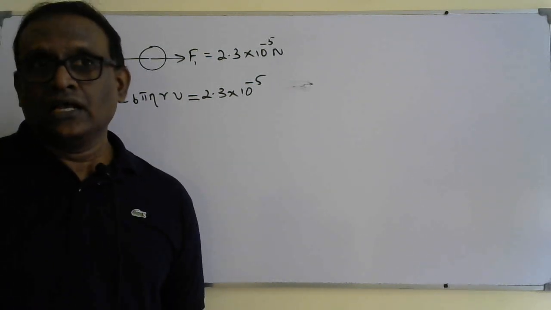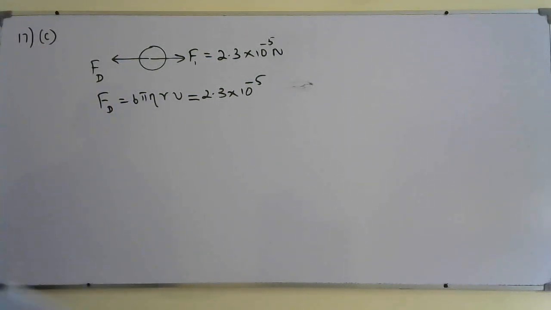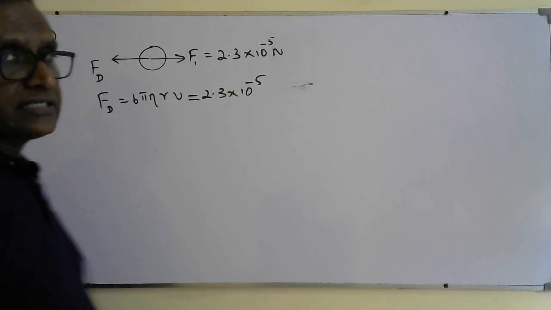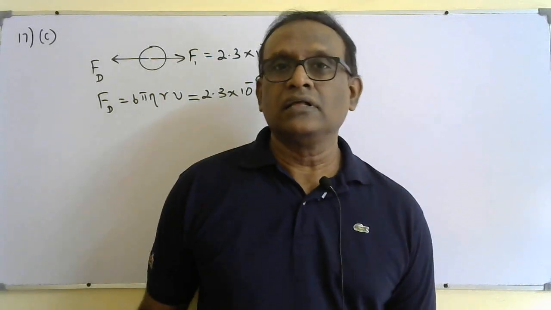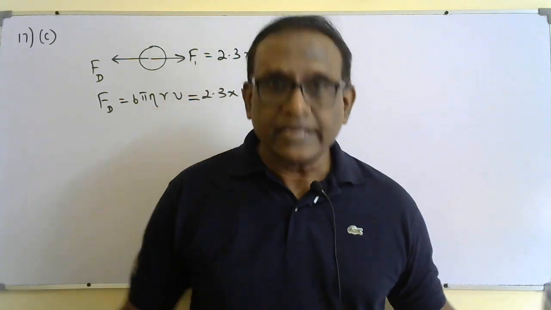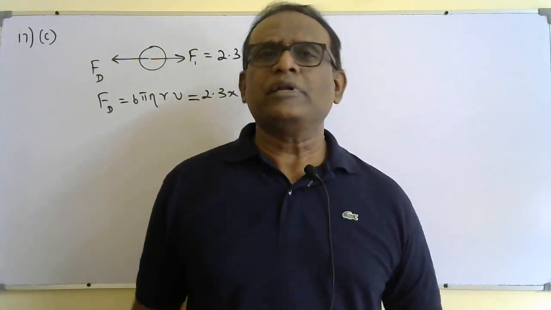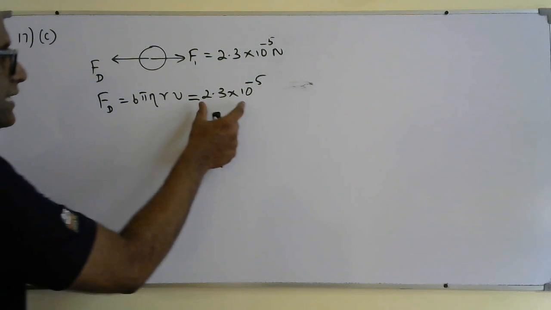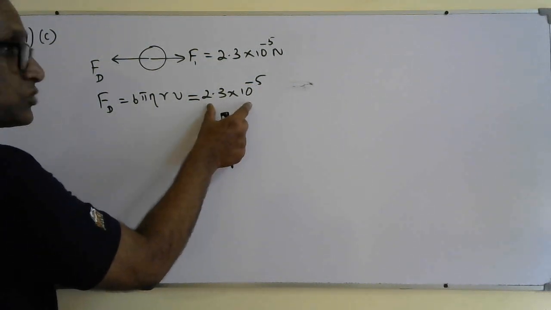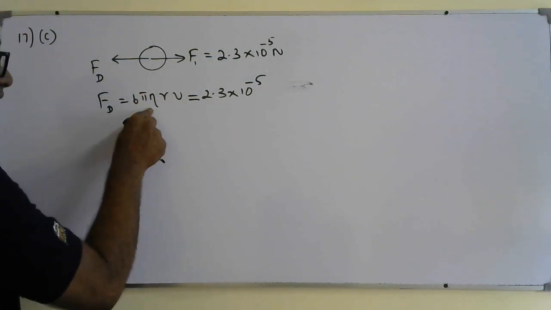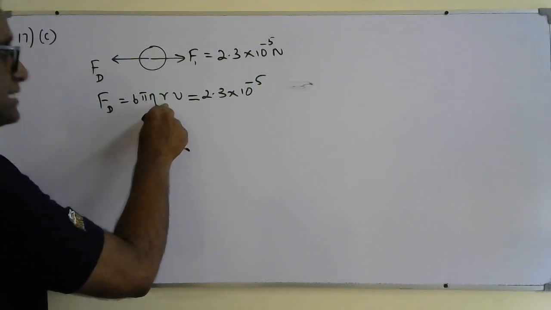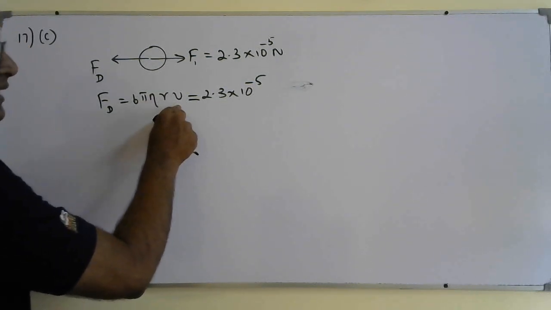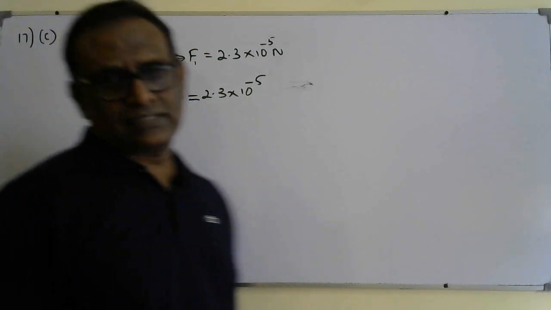That's the question. We know that when the temperature decreases, the coefficient of viscosity will increase. The radius is also increasing. So simple mathematics: to balance this quantity with this quantity, where η is increasing and R is increasing, what will happen to V? V will become smaller. Very simple.